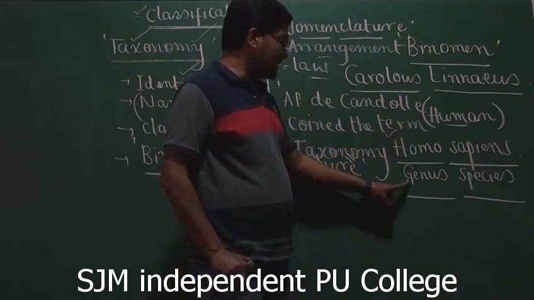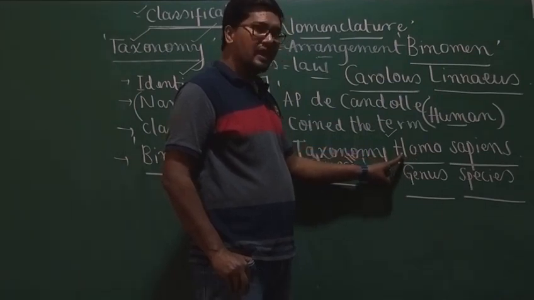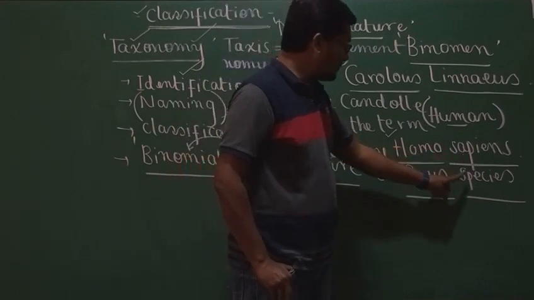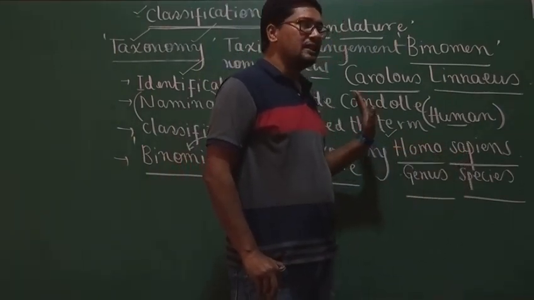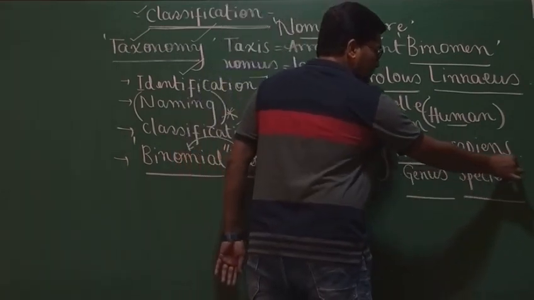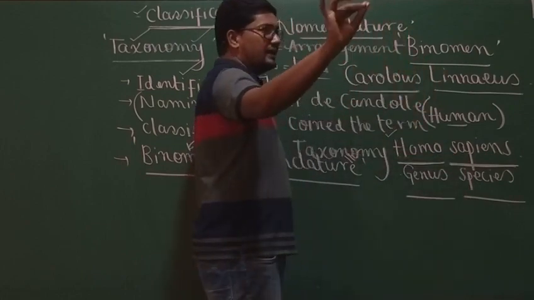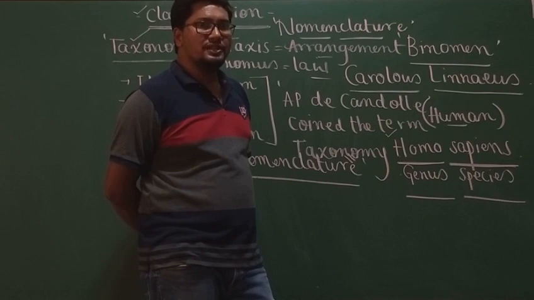The first word should represent the genus name, and in the genus name, the first letter always should be capital. And the second word represents what? Species name, and the species name always should start with a small letter. And both the names should be underlined separately. Understand? So these are the important rules about binomial nomenclature you have to remember.